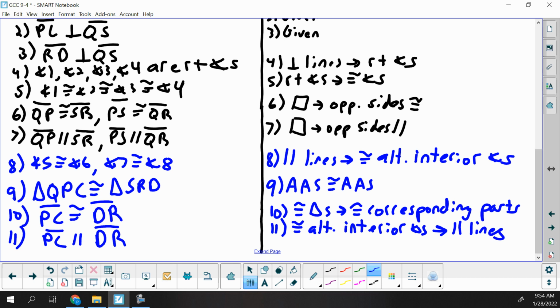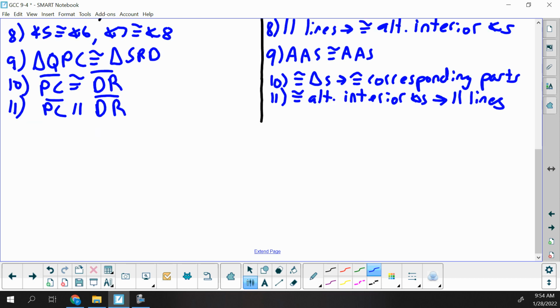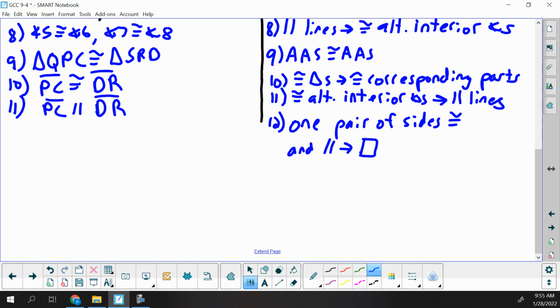Well, if you look at steps 10 and 11, notice we have the same set of sides as both congruent and parallel. So we're in good shape to get a parallelogram. We can say one pair of sides, congruent and parallel implies parallelogram. And our statement is just what we wanted to prove. PCRD is a parallelogram.